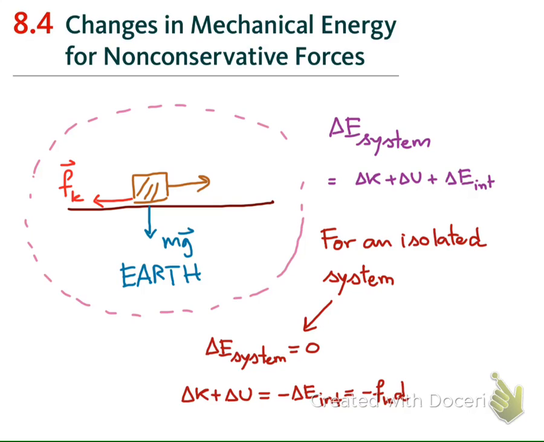The change of the mechanical energy, which we defined before as the summation of the kinetic energy and potential energy, will go to the internal energy, which is equal to the work done by the kinetic friction.